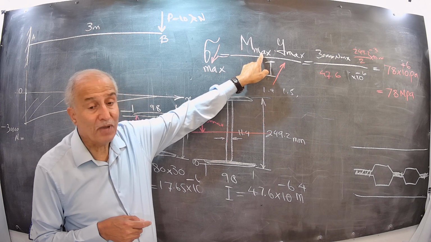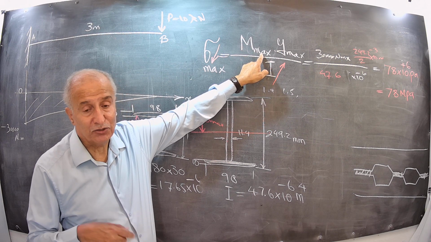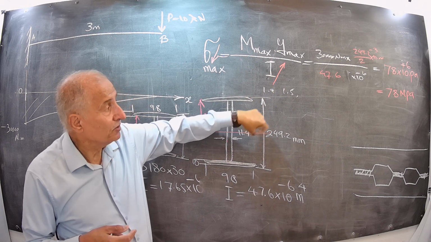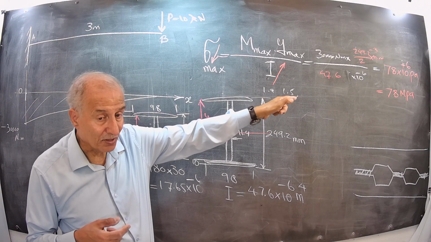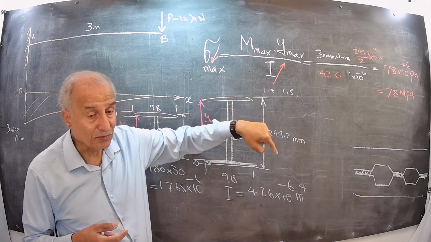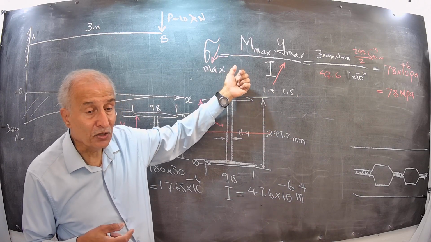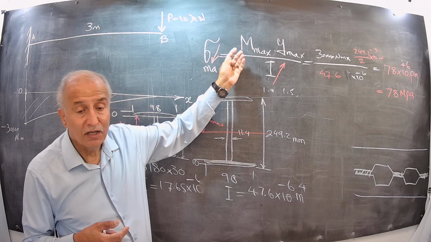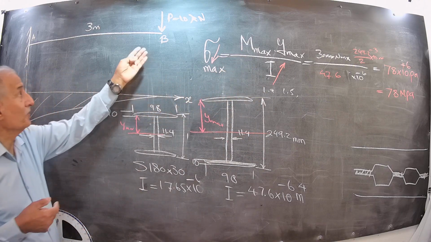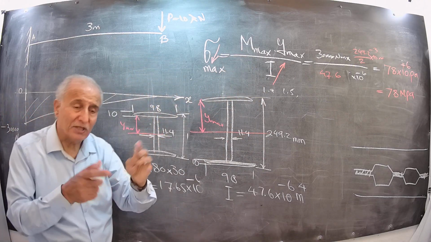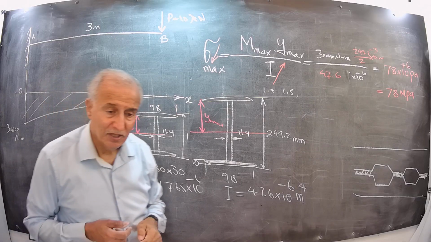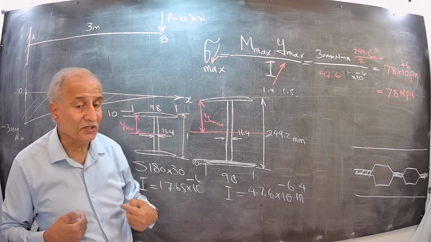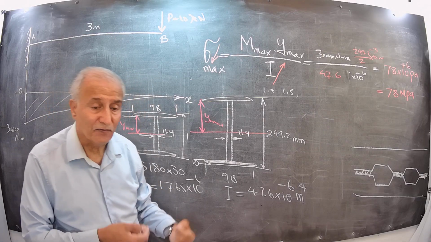I can increase the max load for this beam to reach 150 megapascal. How much? 1.9 times. Then 10 kilonewton can be approximately 20 kilonewton. What I did, I increased the load carrying capacity of the beam.